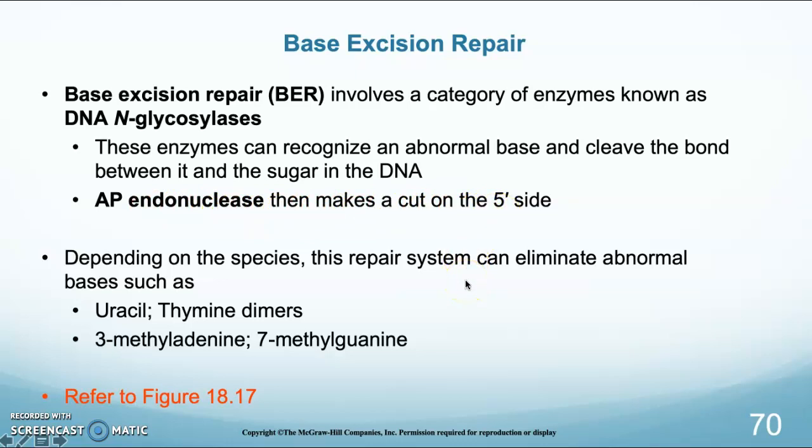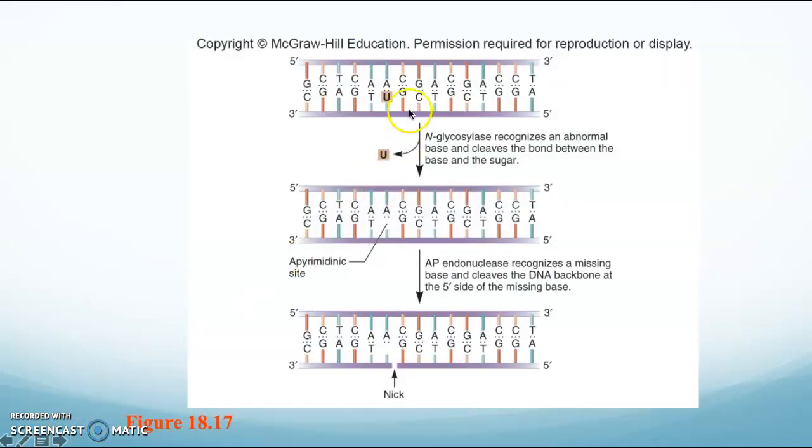Depending on the species, it can then eliminate abnormal bases, perhaps a uracil, or thymine dimers, but it can also handle 3-methyladenine or 7-methylguanine, and I think I have a picture of that. So in this case, we have a uracil that was incorrectly base paired here, and N-glycosylase will come in and recognize that that base is not right, that it's an abnormal base, and it will actually remove the base from the sugar.